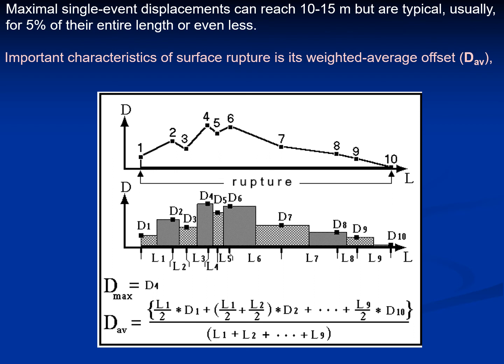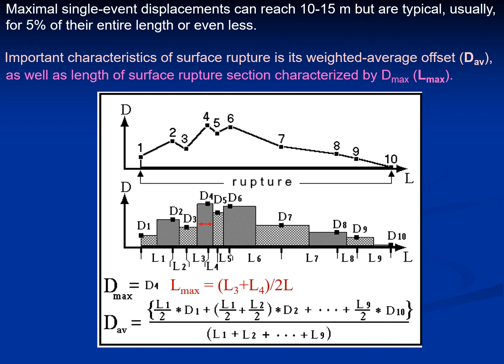In this case, maximal displacement is characterized for the D4 section. Another important parameter is the length of the surface rupture section characterized by maximal displacement. And a red arrow shows how to calculate this particular value.